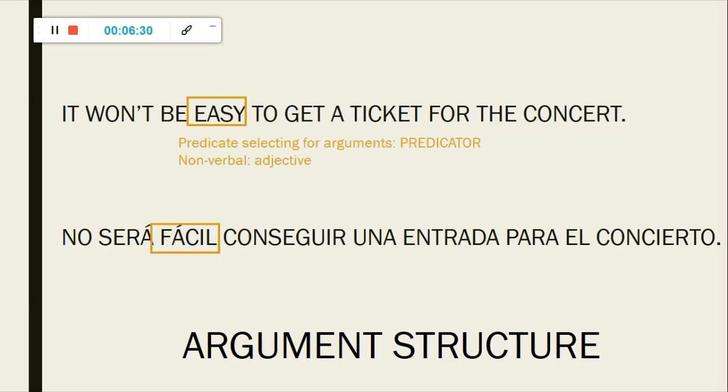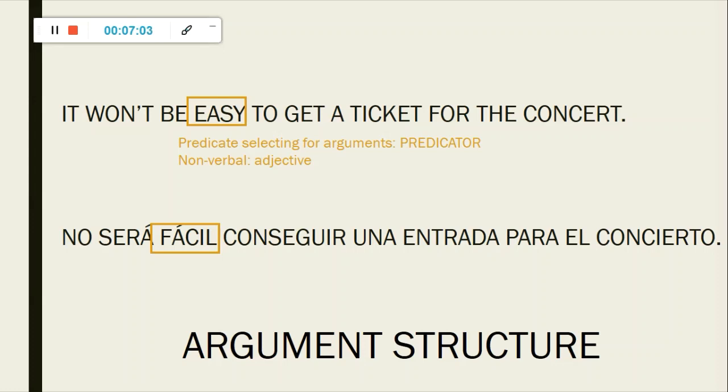In this sentence, the predicate selecting for arguments, that is to say the predicator, is easy or fácil in the case of Spanish. In this pair of sentences, we have a non-verbal predicate functioning as predicator, because it is the adjective, the one requiring the presence of specific arguments.